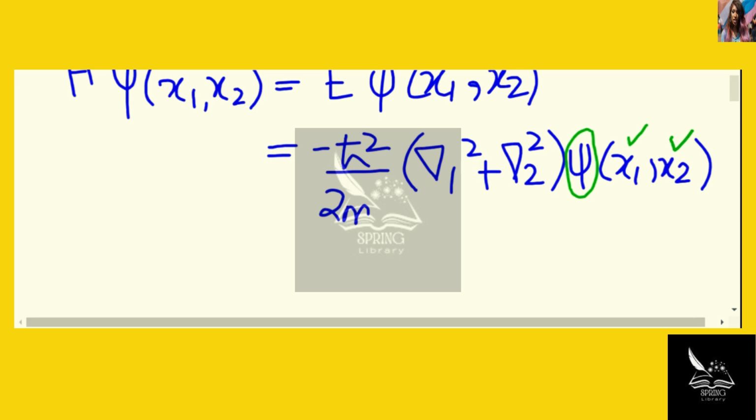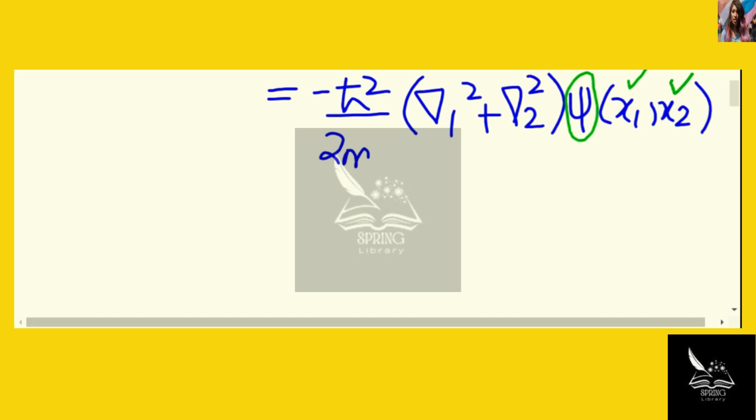So let's write down the equations for that. We need to partially differentiate it twice.